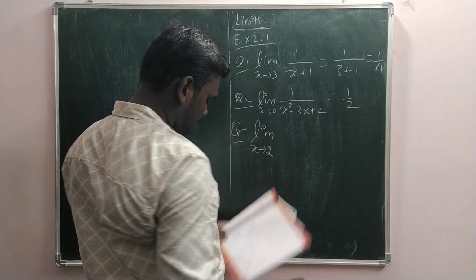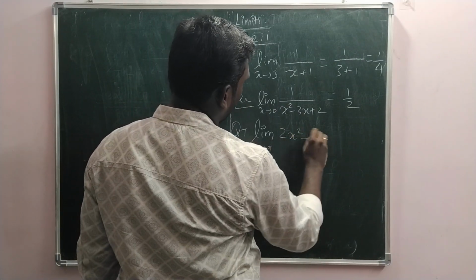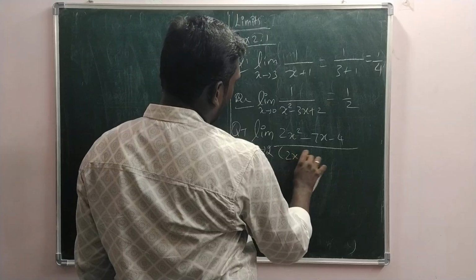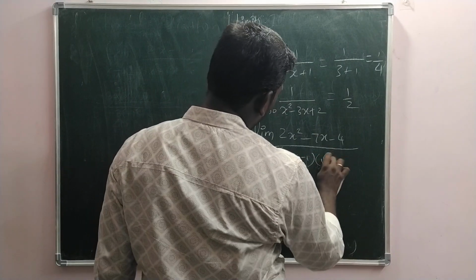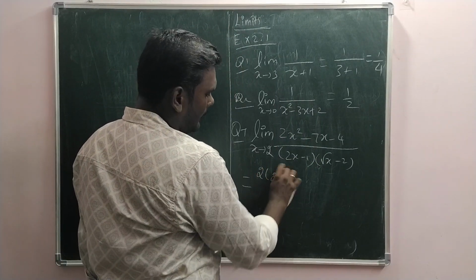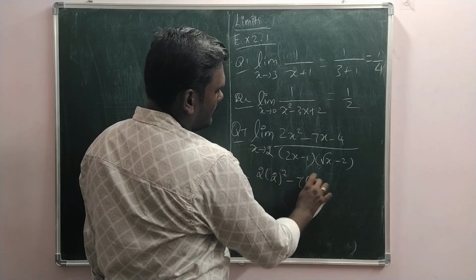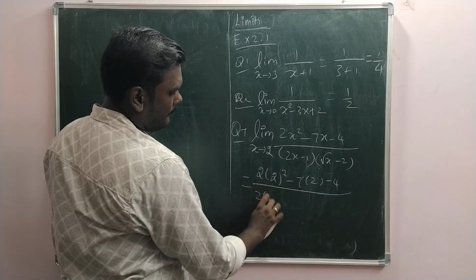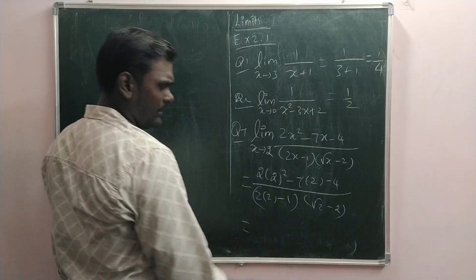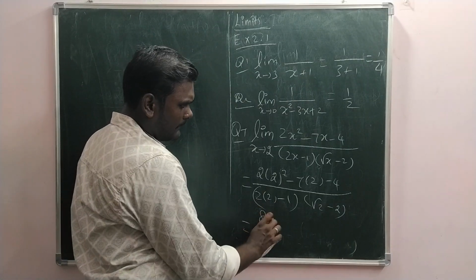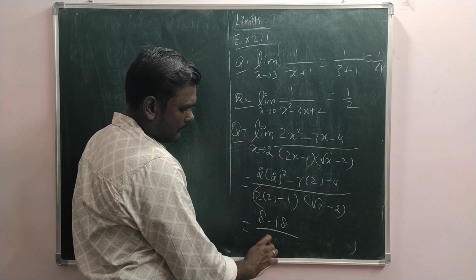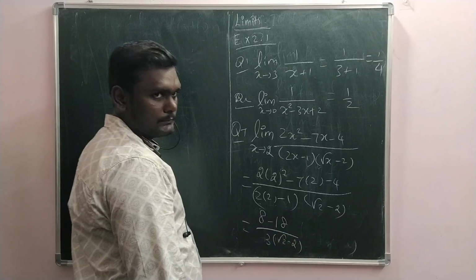Limit x tends to 2, 2x square minus 7x minus 4 divided by 2x minus 1 and root x minus 2. So we'll substitute 2 in the place of x. 2 into 2 square minus 7 into 2 minus 4, divided by 2 into 2 minus 1, and this is root 2 minus 2. That is it. This is 8 minus 18 by 4 minus 1, 3 into root 2 minus 2.